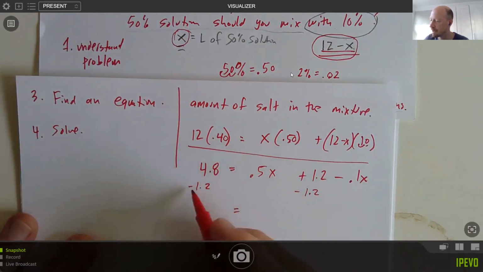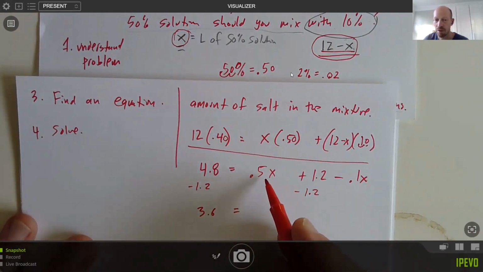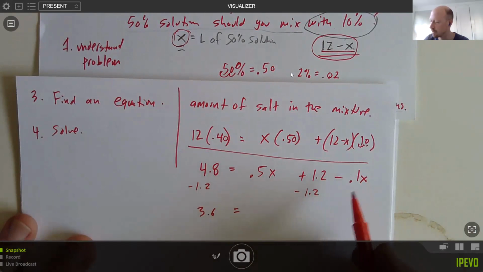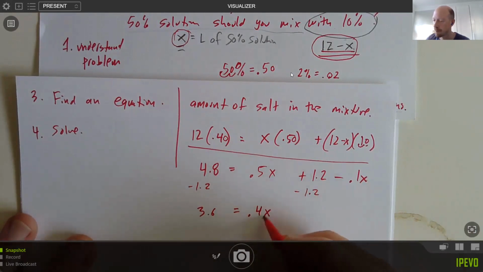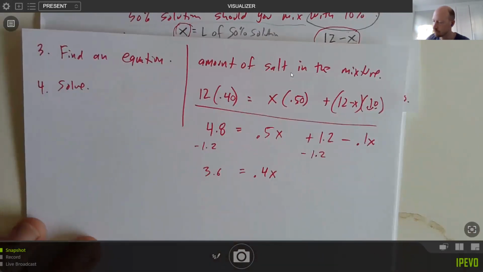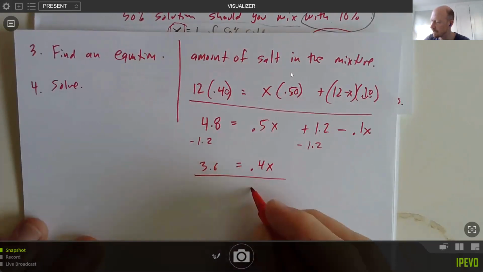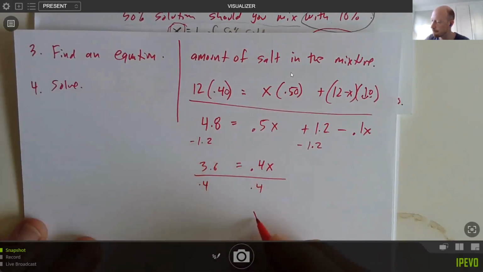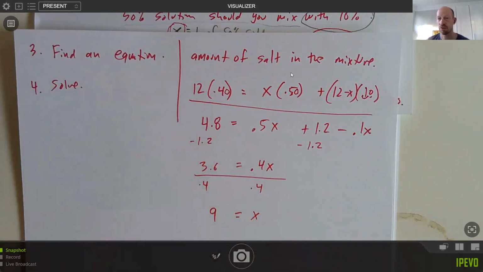So 4.8 minus 1.2 is 3.6, and 0.5 minus 0.1 is 0.4. Divide both sides by 0.4. And that turns out to be 9.